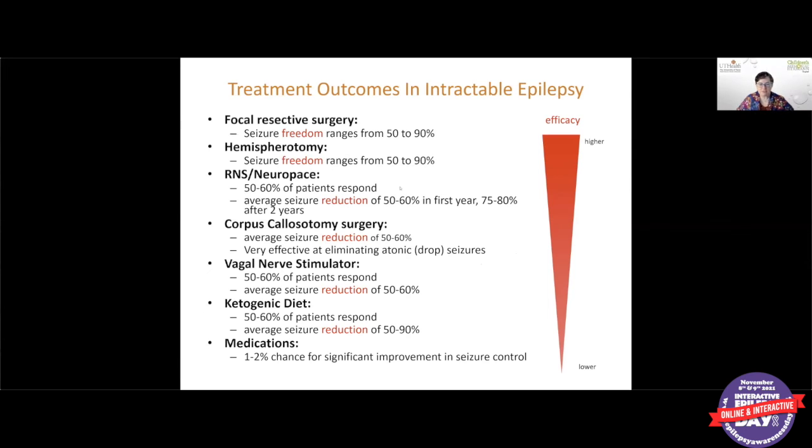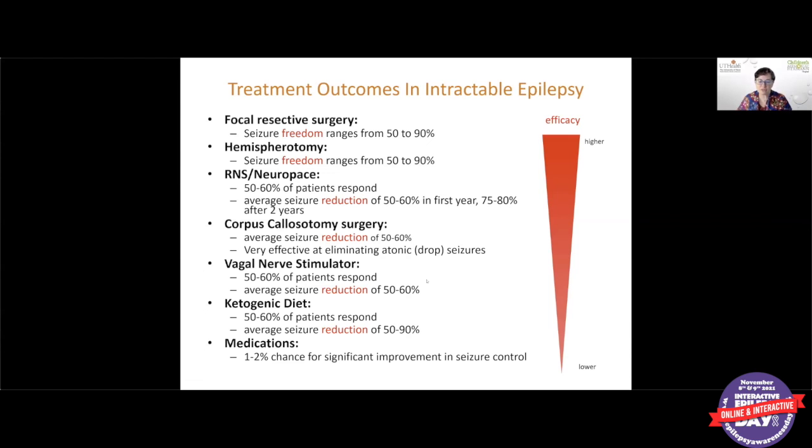The other types of devices that we have, implanted devices, are the RNS or NeuroPace device, which is implanted in the skull and has electrodes in the brain tissue, and also the vagal nerve stimulator, which is a device that's implanted in the chest and stimulates the vagus nerve in the neck.